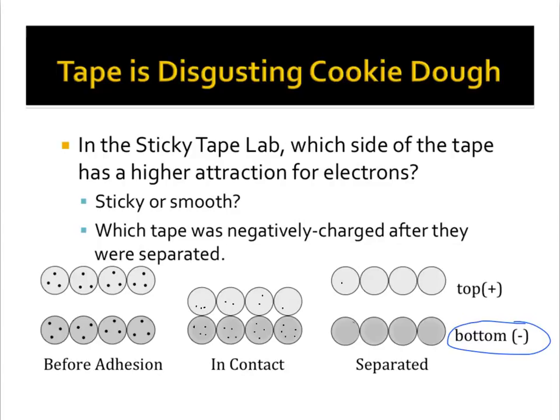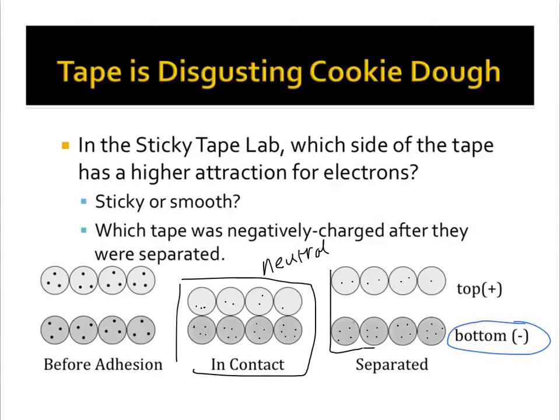When they were ripped apart quickly, we took it apart so fast that these electrons didn't have a chance to go back home. When they're in this spot, they are still overall neutral because there's the same number of positive and negative pieces.